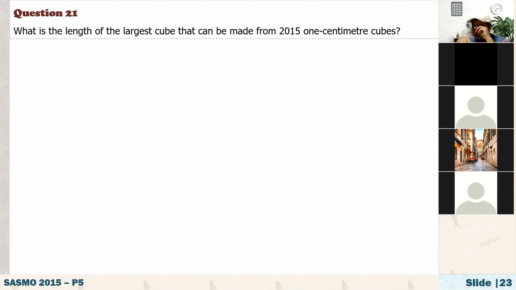Like we need to make a cube, from we have 2015, right? 2015 1 centimeter cubes. That means that we have small cubes, right? Like this. We have small cubes. As I understood, we need to find the length of the largest cube that can be made from 2015 1 centimeter cubes.